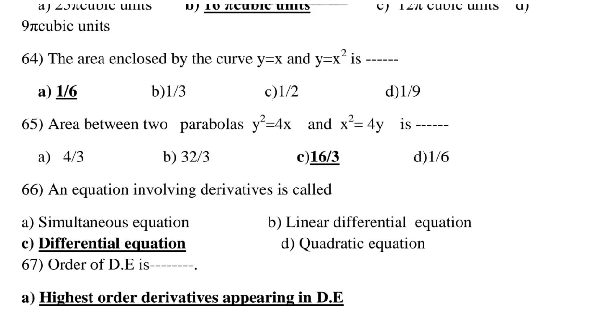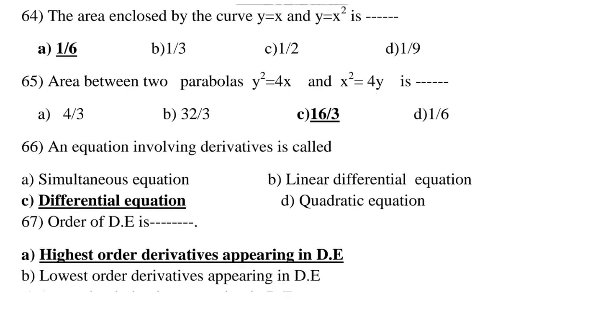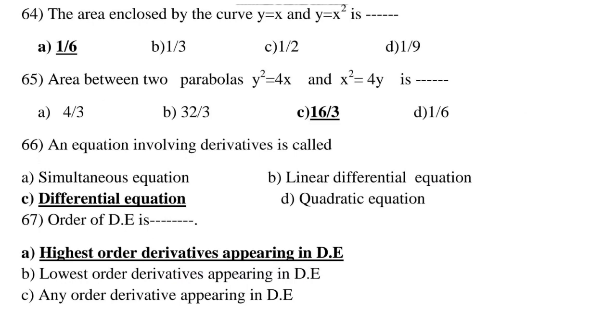Question number 64 is the area enclosed by curve y is equal to x, y is equal to x square is 1 by 6. Area between two parabolas y square is equal to 4x and x square is equal to 4y is 16 by 3.